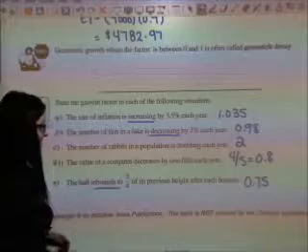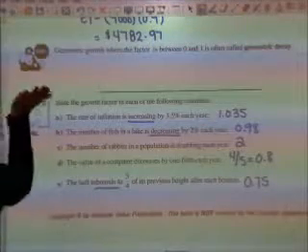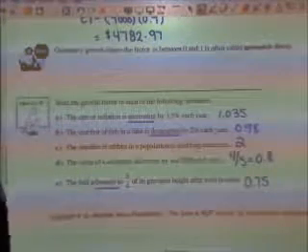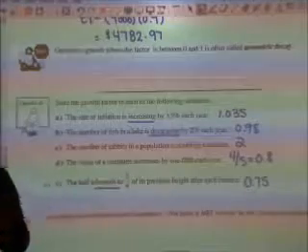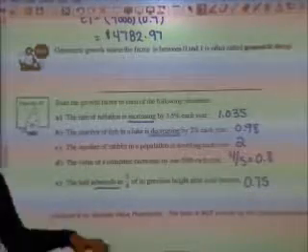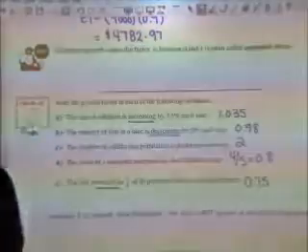What word? Say it. Rebounds. Rebounds means it comes up to that height. So it doesn't say it loses 1/4 of its previous height. It rebounds to 3/4 of its previous height.